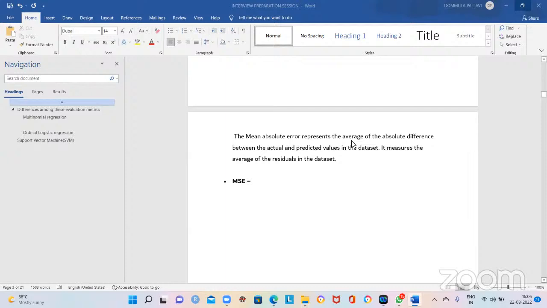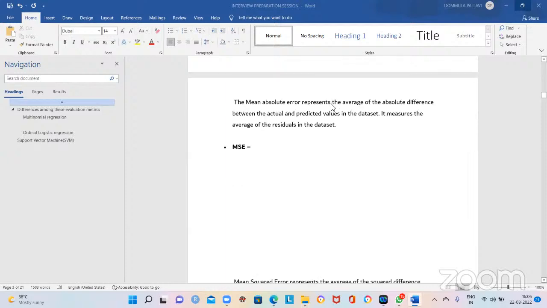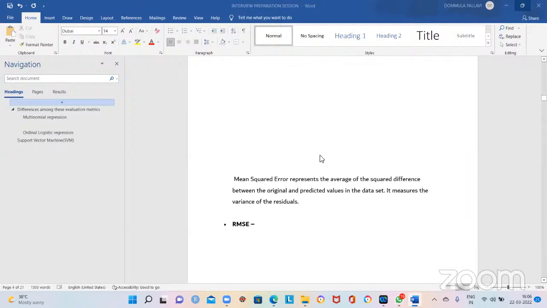Let's discuss what MSE is. Mean squared error represents the average of the squared difference between the original and predicted value in the data set. It measures the variance of the residuals.